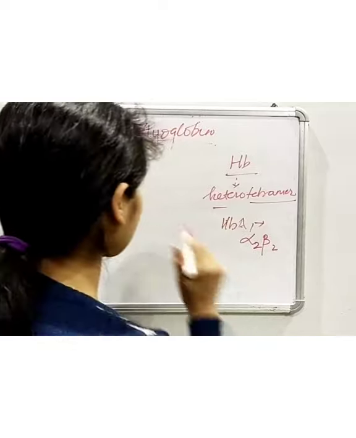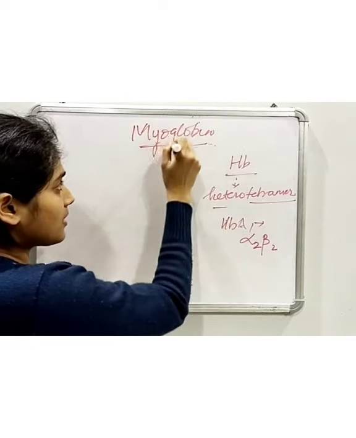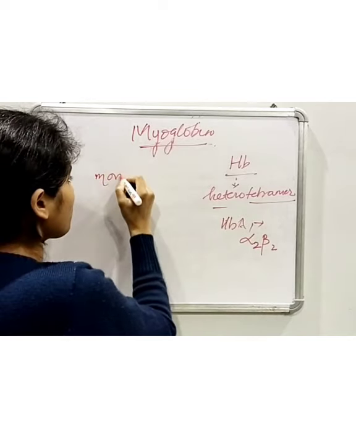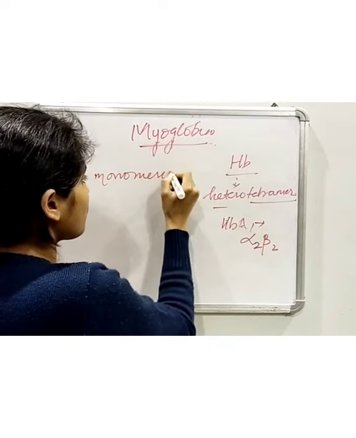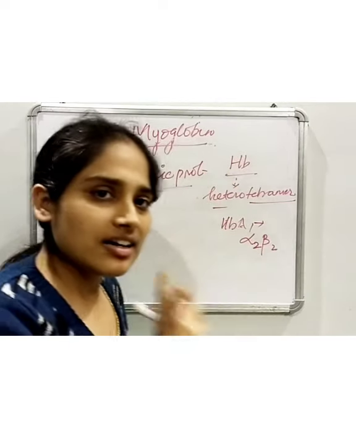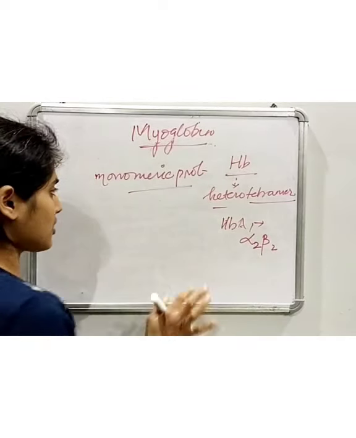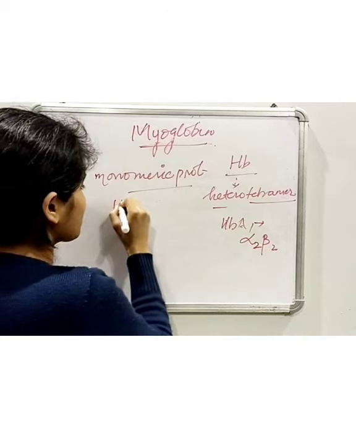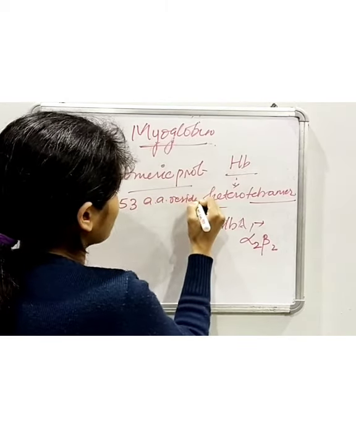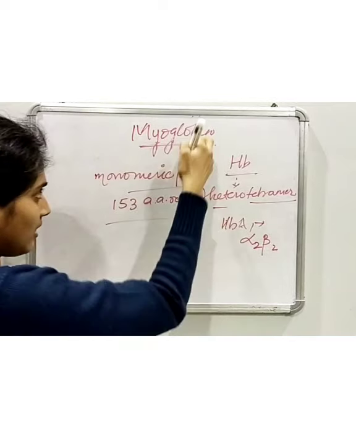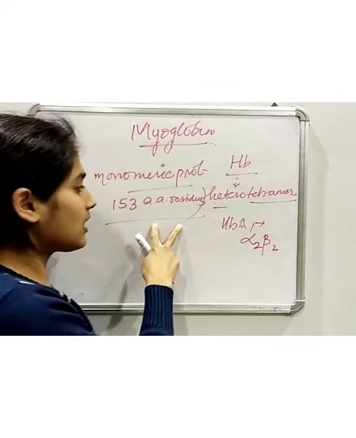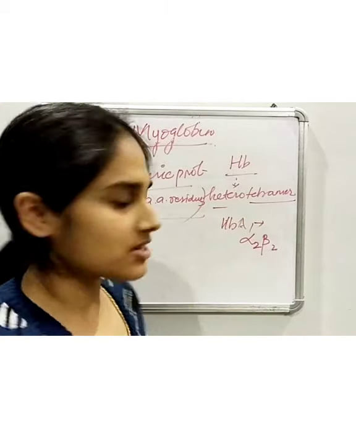Whereas what is there in myoglobin? In myoglobin, it is a monomeric protein. Means it contains just one linear polypeptide chain, and the composition is 153 amino acid residues. So this protein, myoglobin, is just composed of 153 amino acid residues.